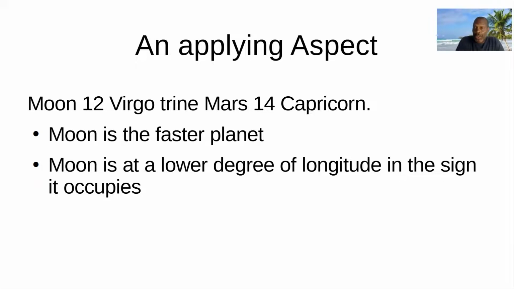The moon is at a lower degree of the sign. We would say a lower degree in the sign, or a lower degree of longitude in the sign. So the moon is at 12 degrees of Virgo. Mars is at 14 degrees of Capricorn. The moon is the faster planet. She's at a lower degree. This is an applying aspect. This is an applying trine between the moon and Mars.